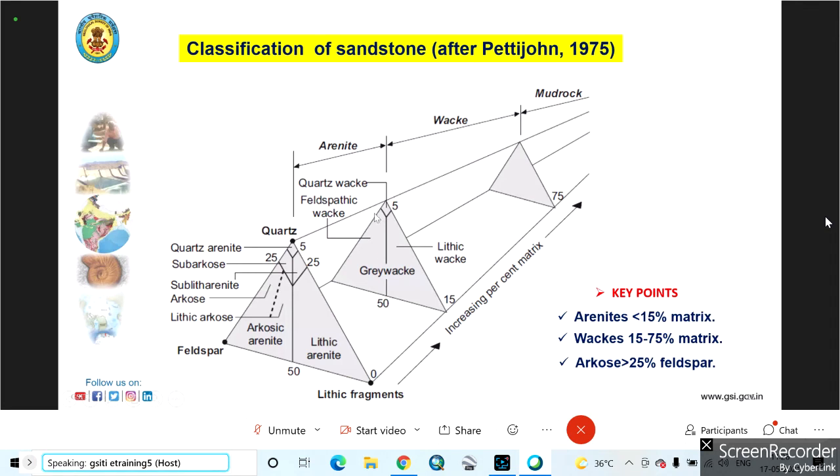Accordingly, when there is a high abundance of quartz with the matrix percentage more than 15%, it will be termed as a quartz wacke. When the feldspar percentage is more than 60%, it will be termed as a feldspathic wacke. When there is 50% lithic fragments and 50% feldspar, that will be termed as a graywacke.